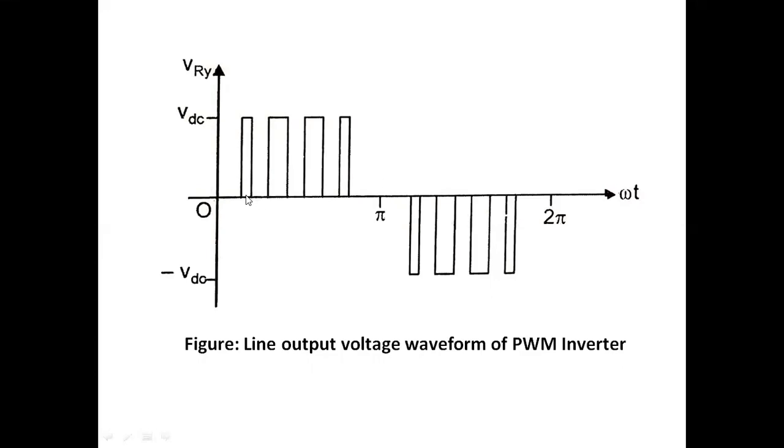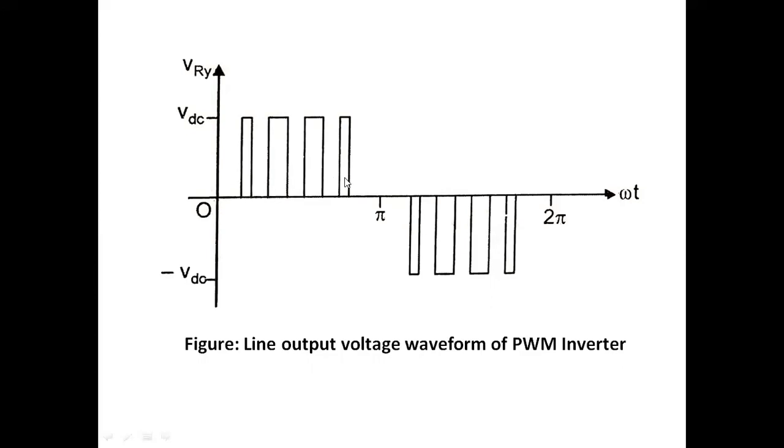Here we have a maximum value up to this, and here it is 0. Again maximum value for this pulse width for this period, and it is 0, and for this period it is maximum value, but for this period it is 0. Like that, different widths of pulses are maintained.